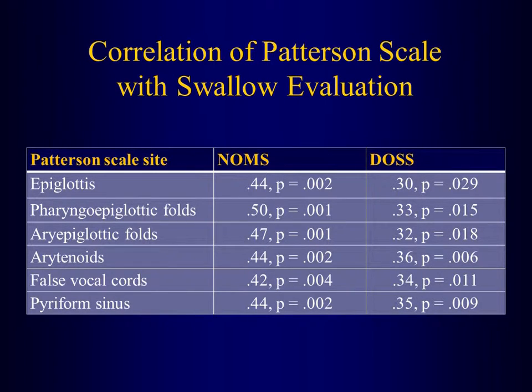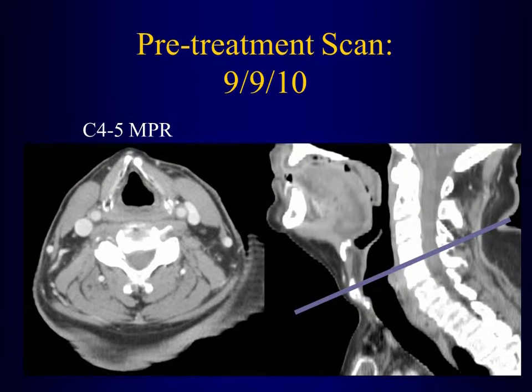Every single solitary one of these parameters was positive. That means when we scoped the patient, if they had any degree of lymphedema at that site, when we looked to see if there was a correlation with the findings on the modified barium swallow, the findings were positive. Again, that's overwhelming.